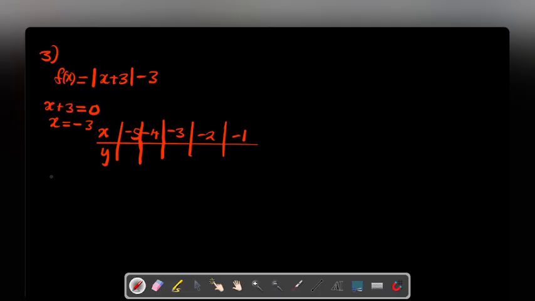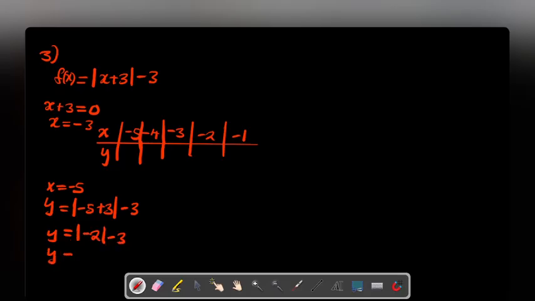So now we'll substitute x. When we substitute with -5, what will be the value of y? y will be the modulus of x plus 3, then minus 3.